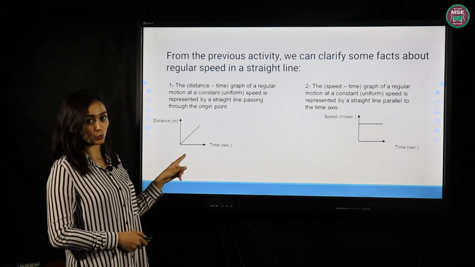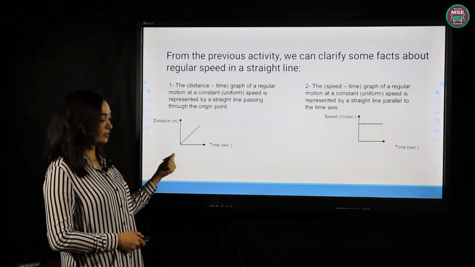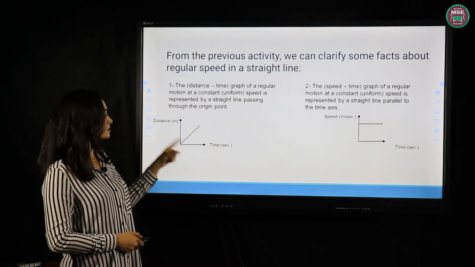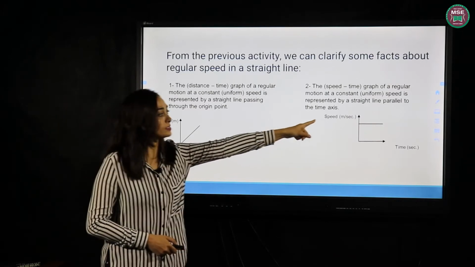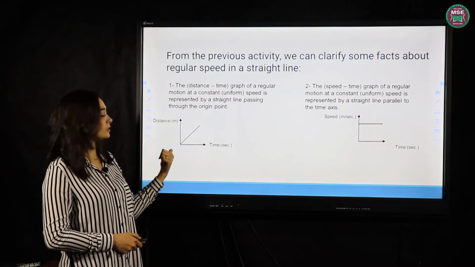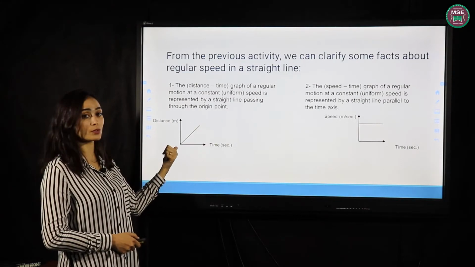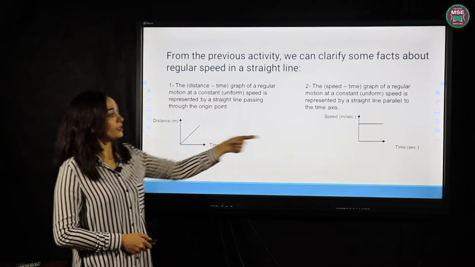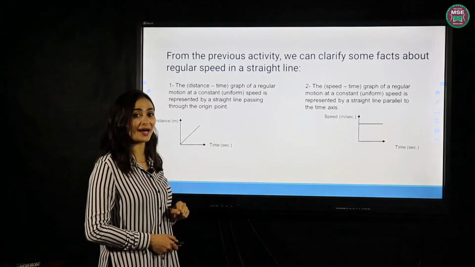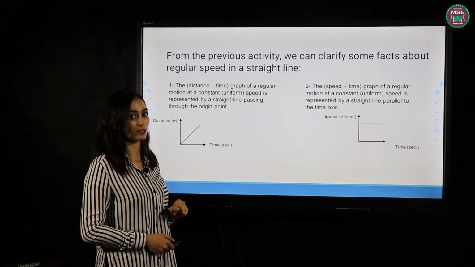Let's see the difference between them. This is uniform speed and this is uniform speed. While here is distance and time, and here speed and time. This graph is represented by a straight line passing through the origin point. Here, the graph is represented by a straight line parallel to the time axis.